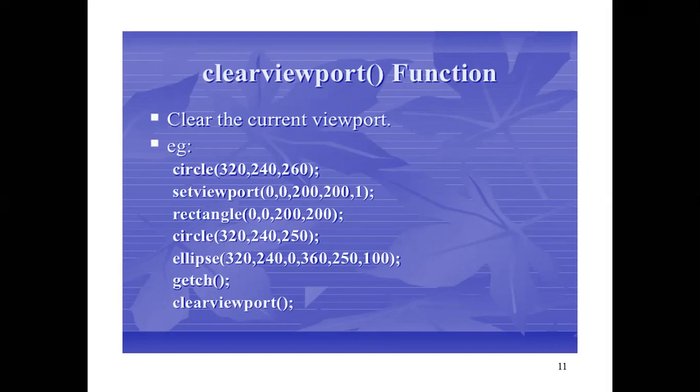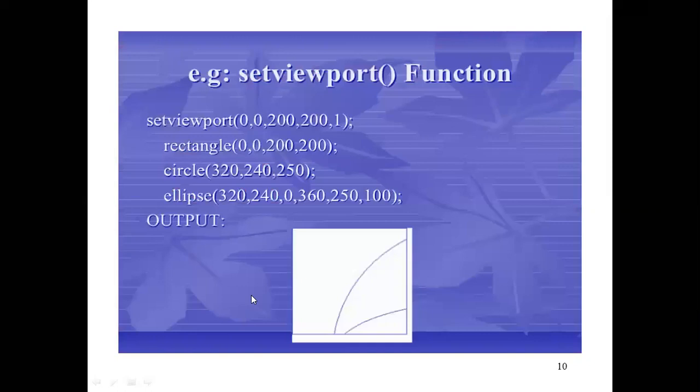Now you can use it like this. If you want to draw the circle and set the viewport, now it is given rectangle like this, getch, clearviewport. So after writing this and providing the data values, here you can write the clearviewport function. Then when you run this program, as output you will get only the viewport, without these curves.